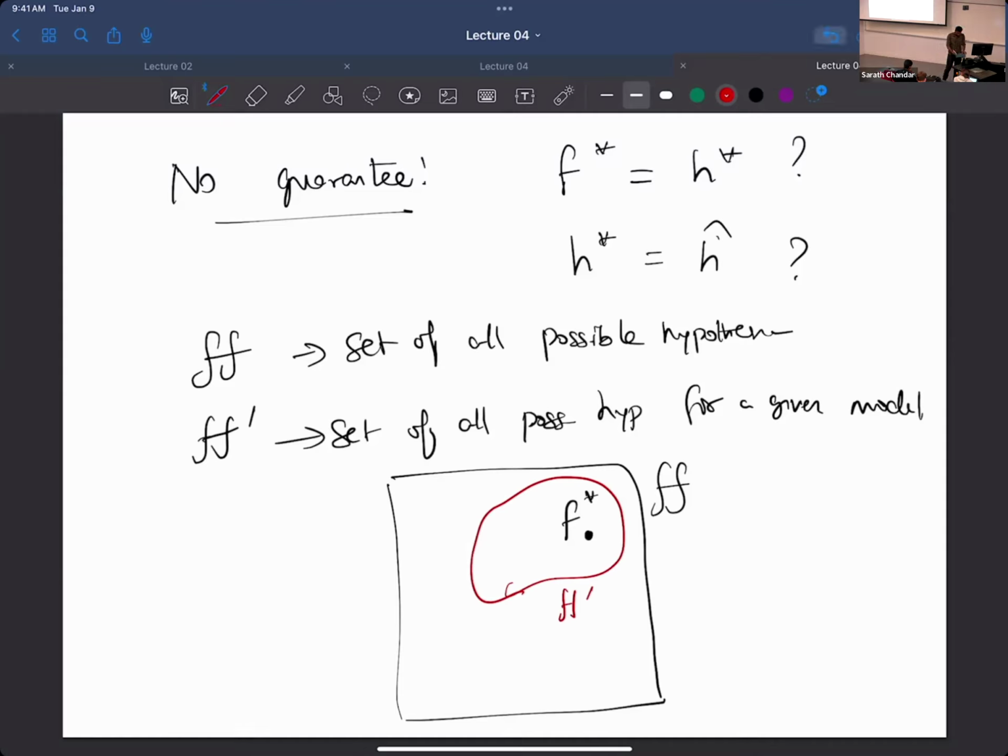However, it might also be the case that I picked a model class and the model class is somewhere here, which means even if I give you infinite amount of data, you will never reach f star.